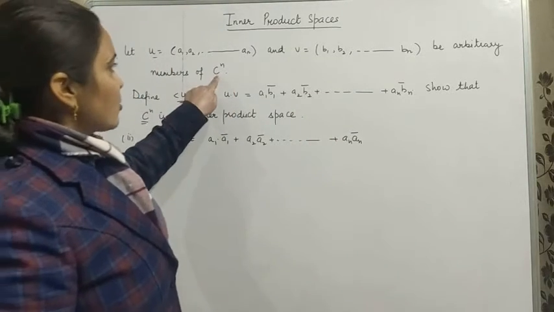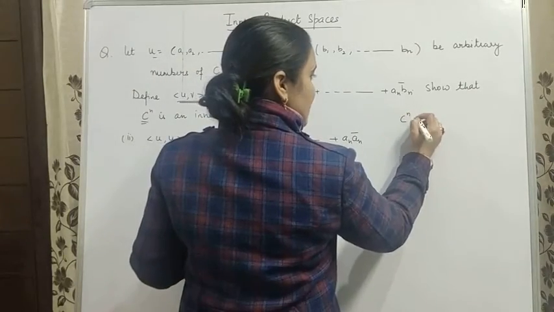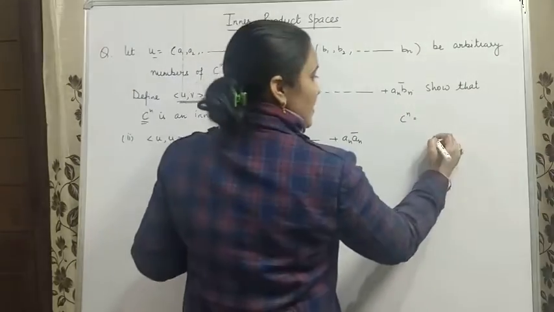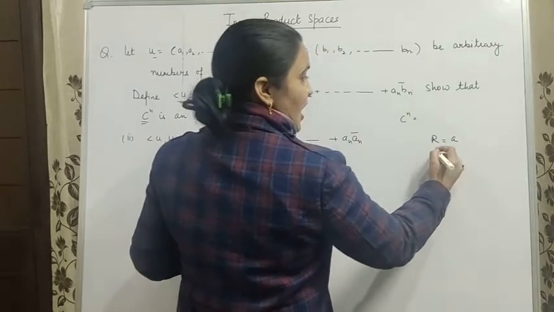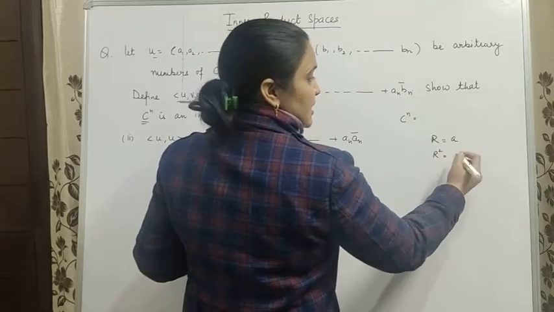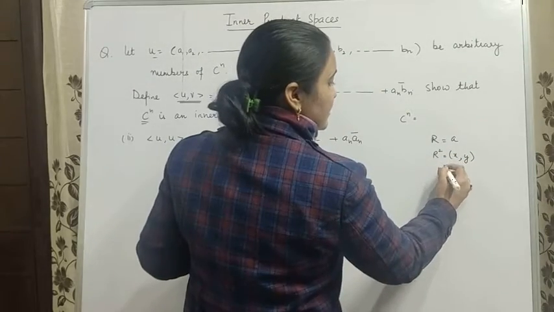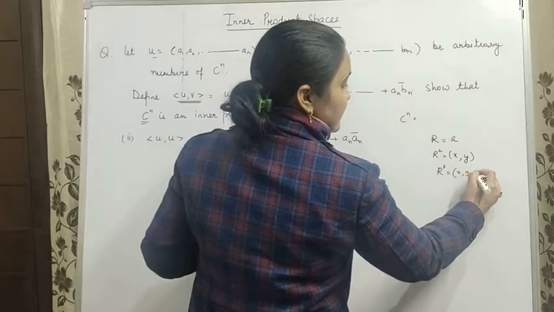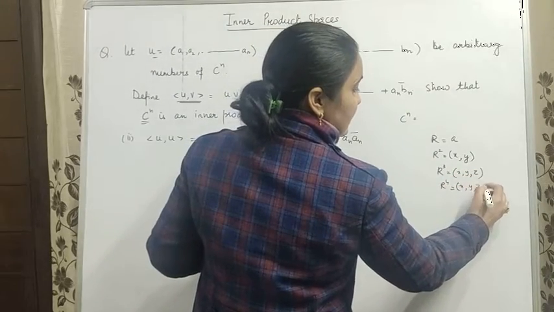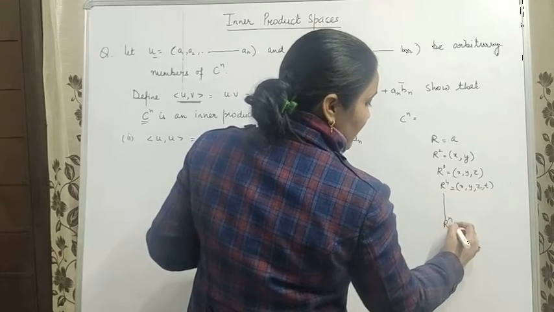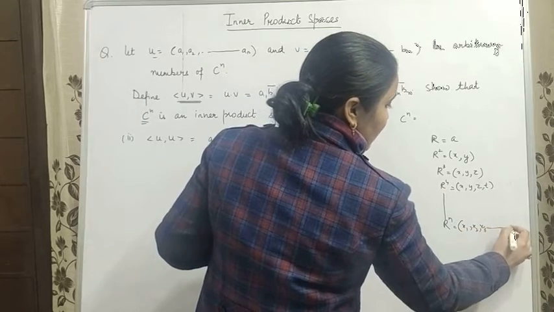Students you are working in complex numbers Cn. अब Cn का मैंने डिस्कस नहीं किया. What do you mean by Cn? जैसे हम रियल नंबर्स में अगर R की बात करूं तो it is a single number say a. अगर मैं R स्क्वायर की बात करूं it is doublet x, y plane. अगर मैं R क्यूब की बात करती हूं तो it is x, y, z 3 tuples. R4 is x, y, z, t and if we are talking about Rn so it is n tuplets x1, x2, x3 up to xn.